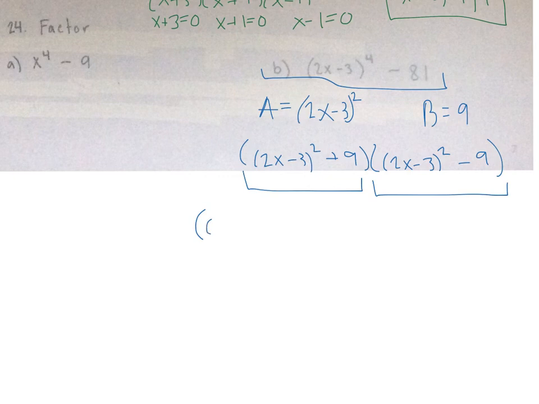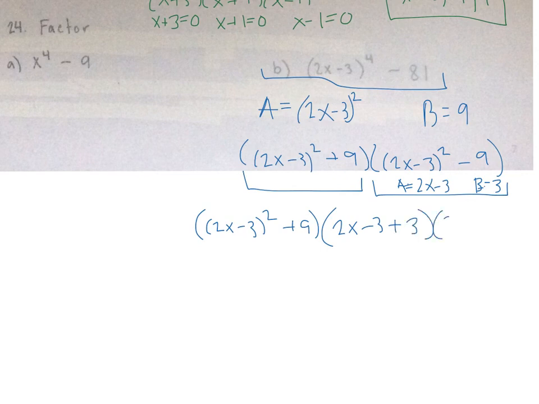So the first factor, 2x minus 3 squared plus 9, stays as is. But here, our a would be 2x minus 3, and our b would be 3. So we end up with 2x minus 3 plus 3, and 2x minus 3 minus 3.